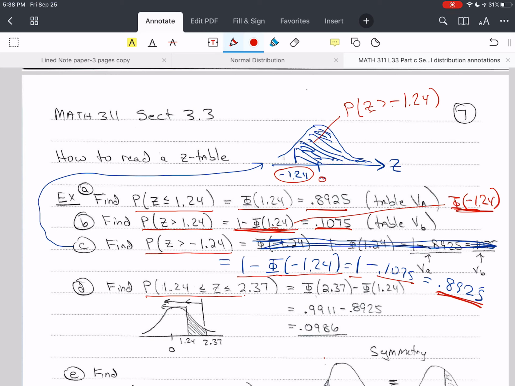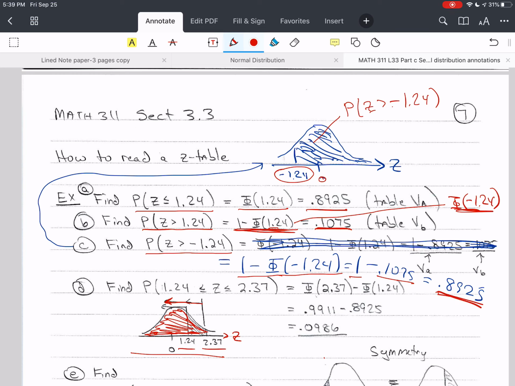All right, so I want to now find the probability that z is between 1.24 and 2.37. I need to look at this and figure out how to do this within the confines of what I have. So I've drawn a picture, and this is z, and I've marked 1.24 and 2.37. I've just estimated, so I have enough room to write it. I don't care about scale so much, except they're both positive. What I'm going to get looking at table VA or 5A is the probability all the way from 2.37 down to negative infinity.